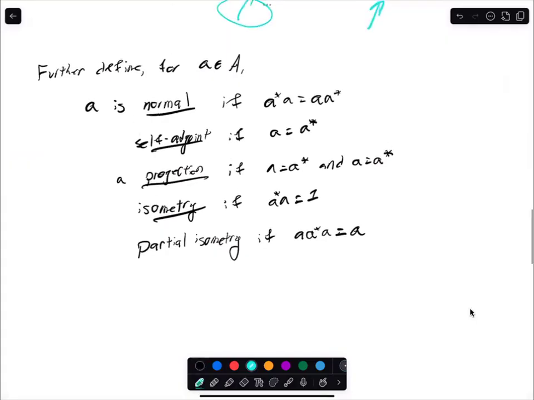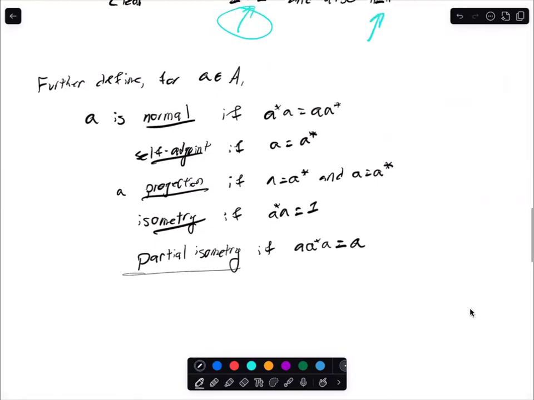Some things that you want to think about, probably it's worth taking home later tonight and meditating on, is when a normal element is self-adjoint, teasing out the different relationships that we have between, say, projections and isometries. One question we can say is, given A, what can we say about A star A?